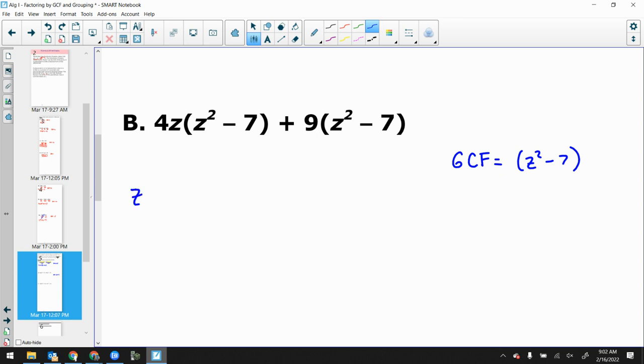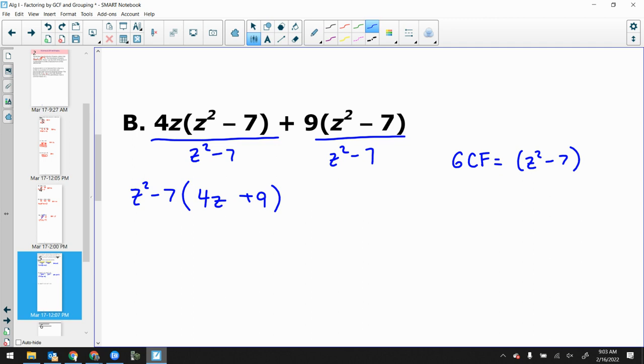So we put the z squared minus 7 on the outside, and then what's left over? Well, the 4z plus 9, because I divide out that z squared minus 7 out of both of these. I should put this in parentheses.